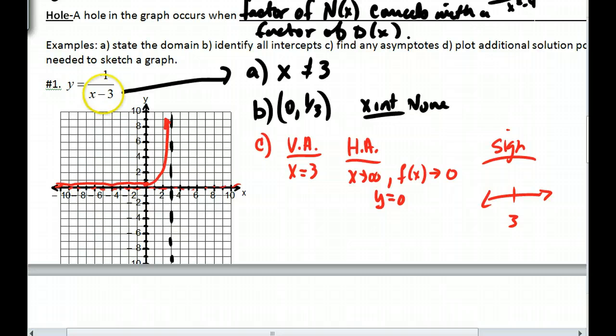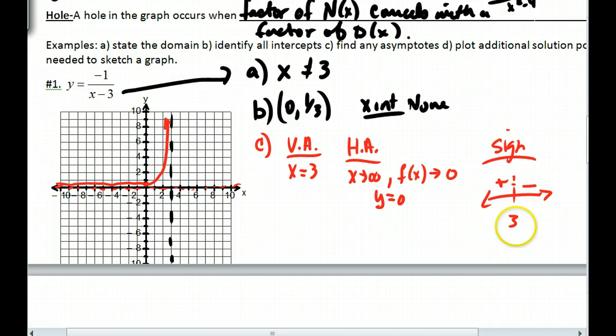What's a negative divided by a negative? Well, I'm going to have a positive value. At 3, we have a vertical asymptote. And then on the right side, what about when I plug in 3.1? 3.1 will make this denominator positive. What's a negative divided by a positive? Well, that's going to be a negative.